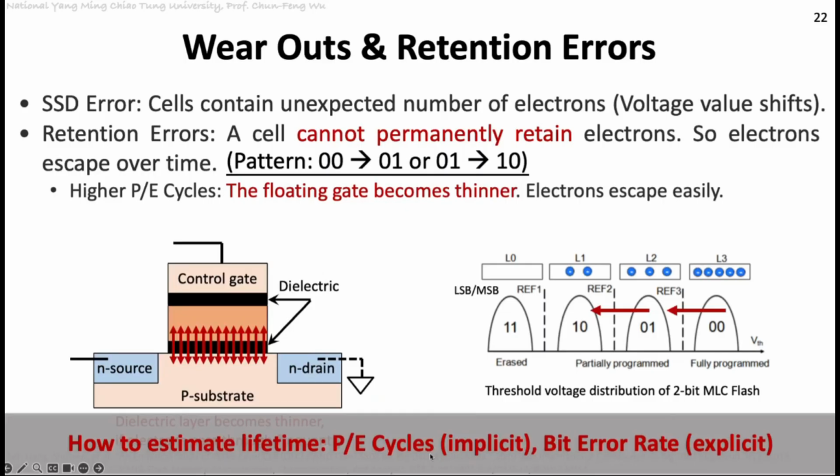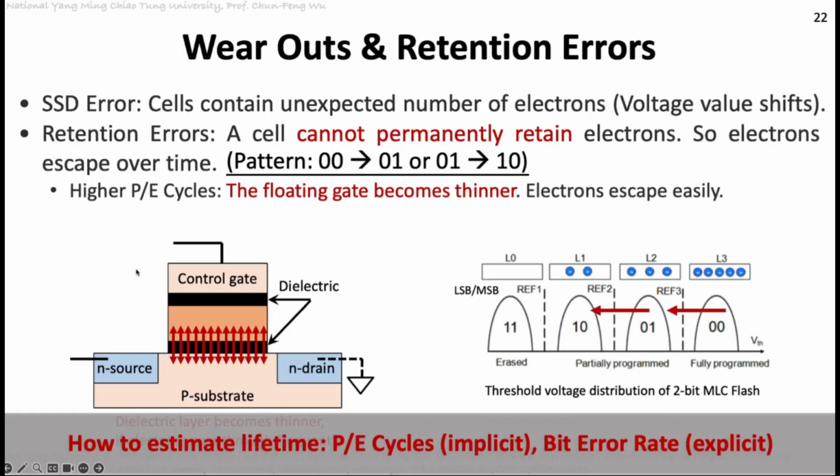What I say PE cycle is more implicit is because, as you know, if you write and erase more data, then most of the cells, their dielectric will become thinner. But because different cells have different dielectric, by nature it is hard to predict.